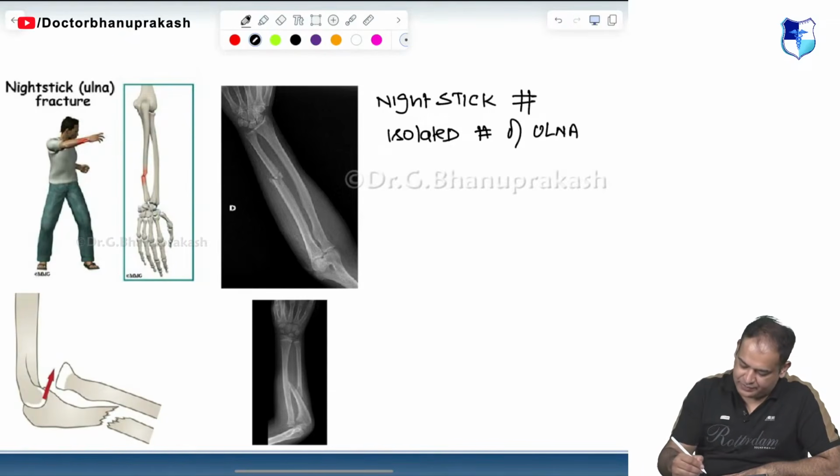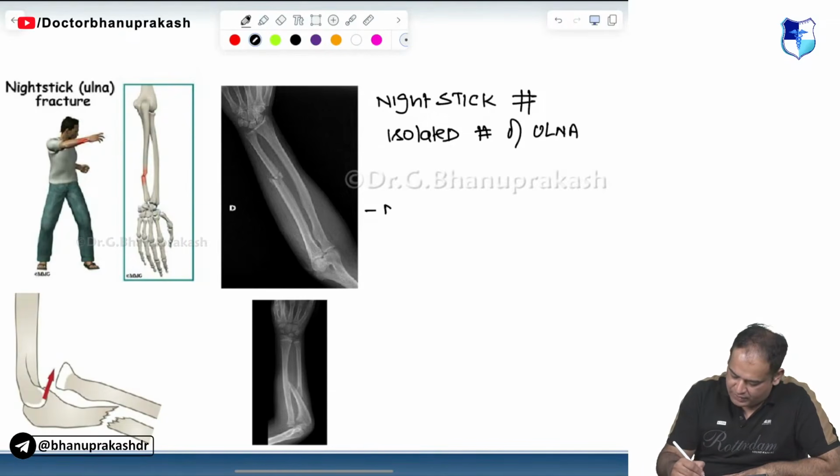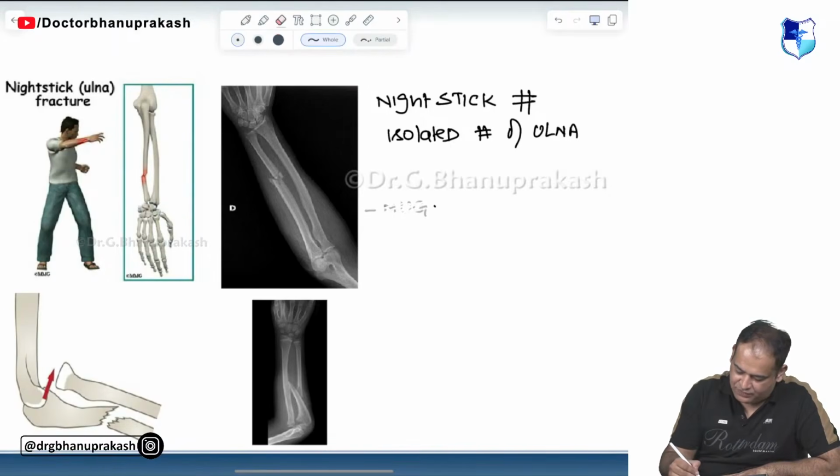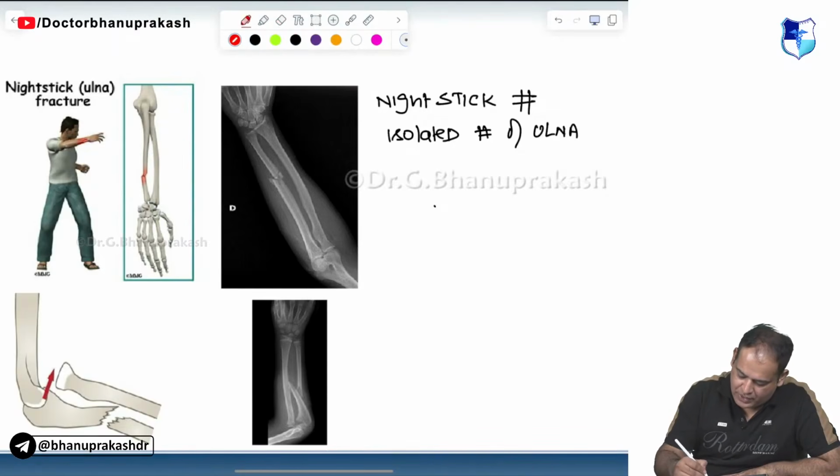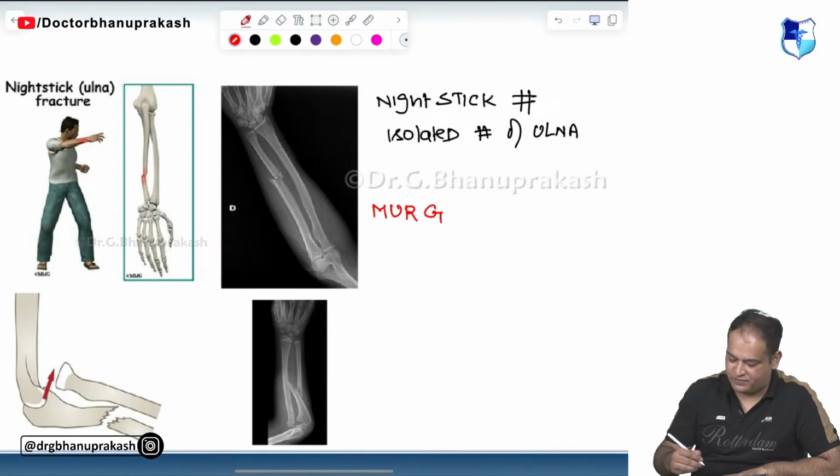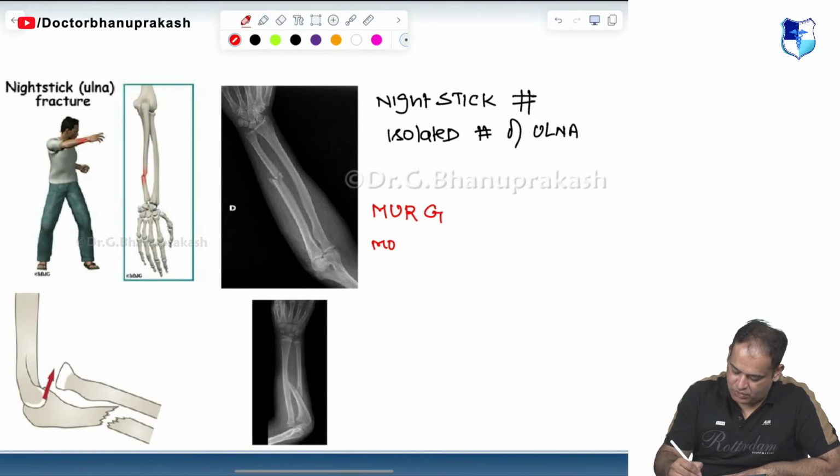Right? Now here, about the Monteggia and Galeazzi fracture, you have got so many mnemonics. Whichever mnemonic you like, keep it. Murg is the first mnemonic. Monteggia will affect the ulna.